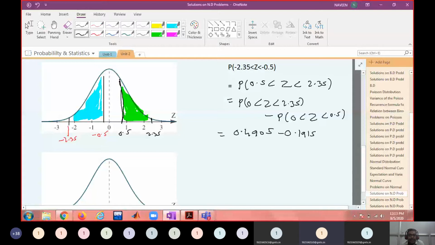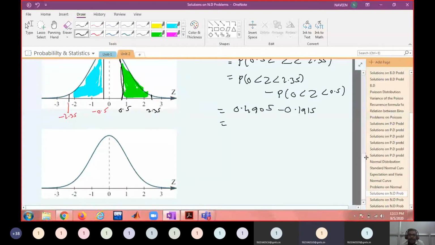Okay. So what is the simplification? 0.2991. Okay. Now what is the next one?